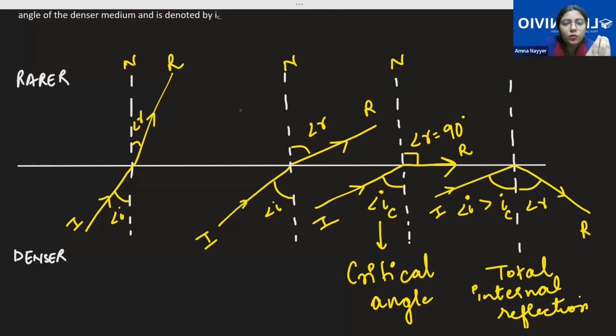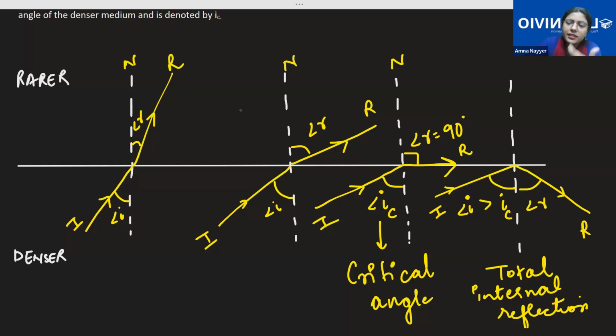Okay, now I'll repeat this, what has happened over here. We had our ray going from the denser to the rarer medium. Please pay attention to it. The light ray is going from the denser to the rarer medium with the usual angle of incidence and the usual angle of refraction. Then we increased our angle of incidence a bit, so angle of refraction also increased. We increased our angle of incidence further, angle of refraction increased.